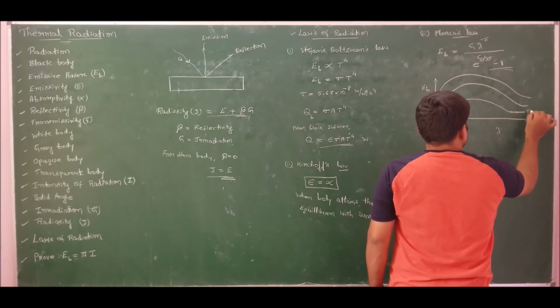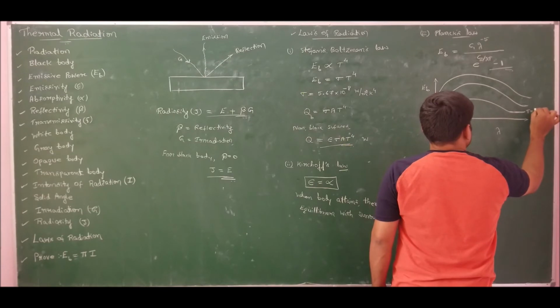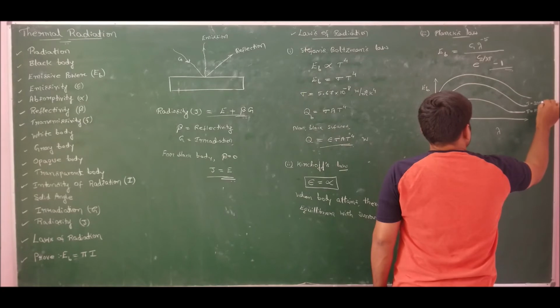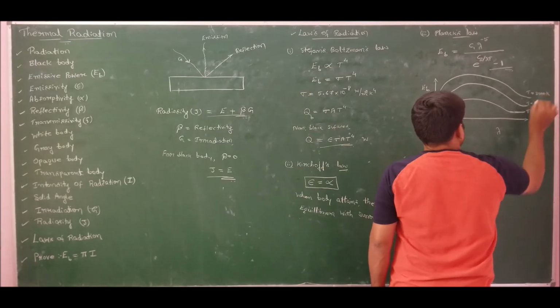Let us take this as T is equal to 1000 Kelvin, let us take T is equal to 2000 Kelvin, and let us take T is equal to 3000 Kelvin.